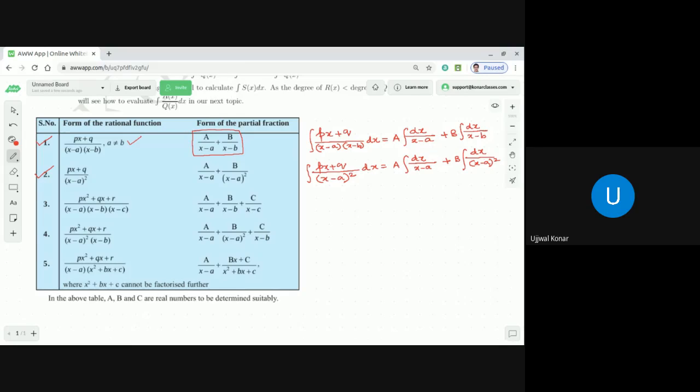And similarly, for integration dx by (x minus a) whole square, if you find this a little difficult, very little, you can make a substitution x minus a equal to t, then dx equal to dt, so dt by t square, so it will get t power minus 1 by minus 1, correct? And then you apply back the value of t, that is x minus a, or directly you can write it as (x minus a) power minus 1 by minus 1, correct or not?